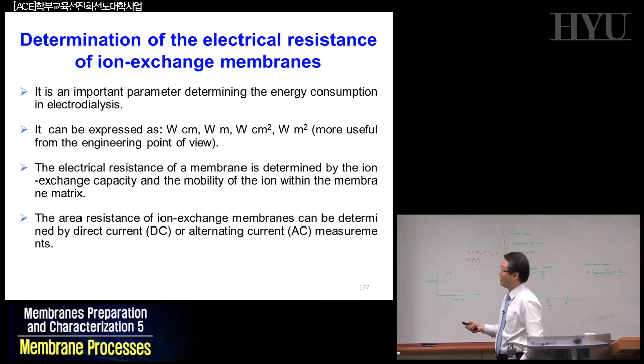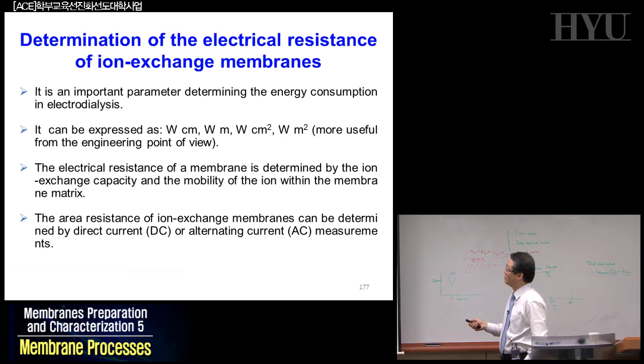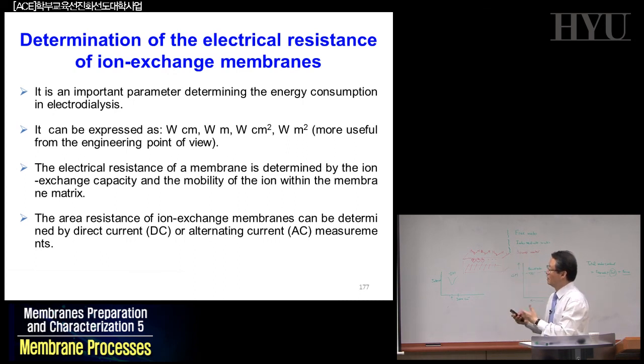It is expressed in terms of the current density, in ohm per square meter or ohm square centimeter, stuff like that. And electrical resistance of the membrane is determined by the IEC and the mobility of the ions.